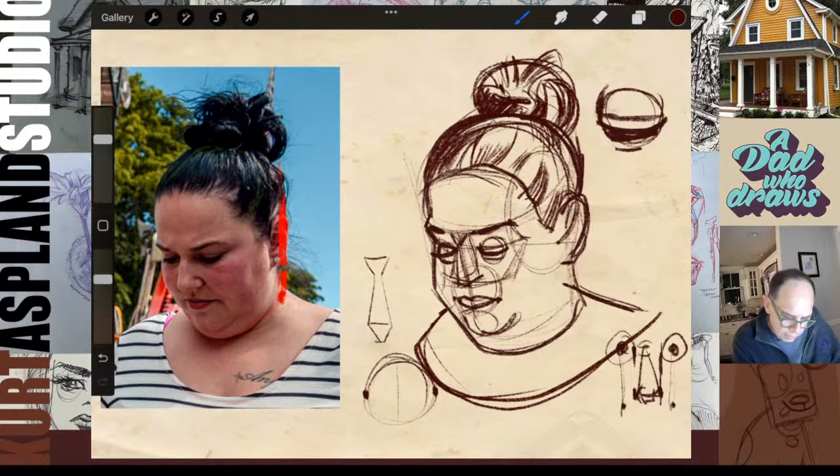Now I am using the program Procreate on my Apple iPad, of course, but all of these things, if I was drawing in my sketchbook, would be possible also in your sketchbook.